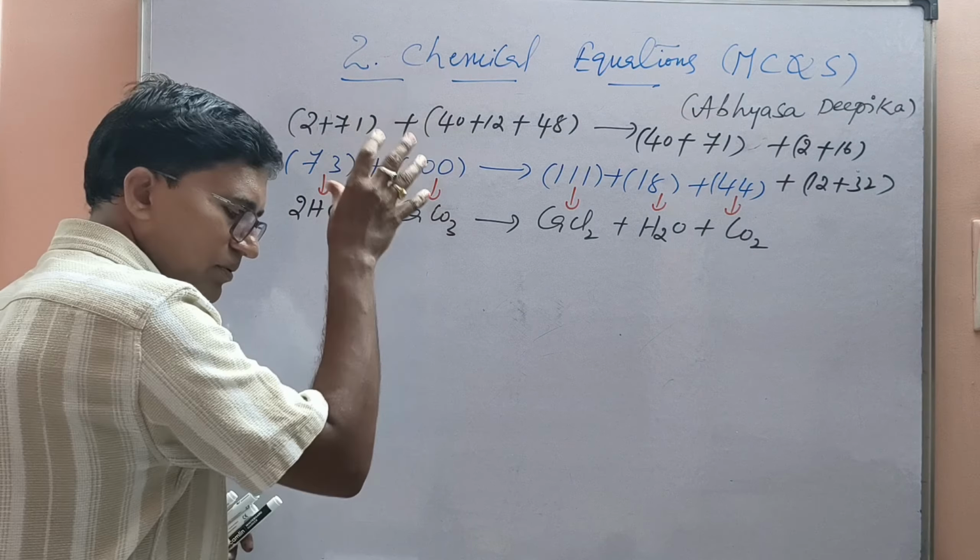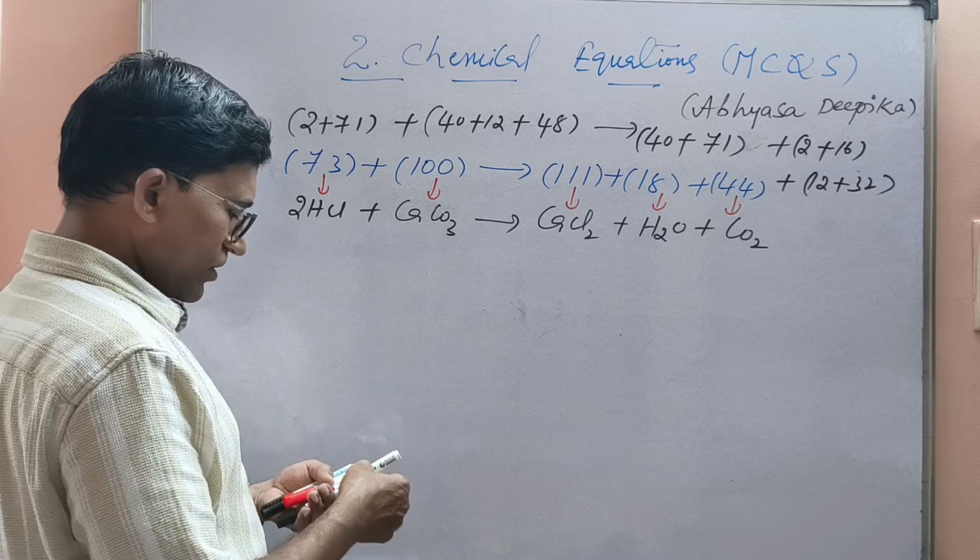Okay, so listen, the question is: amount of hydrochloric acid required to consume 100 grams of calcium carbonate completely. Remember that. So, how many grams of calcium carbonate was given?